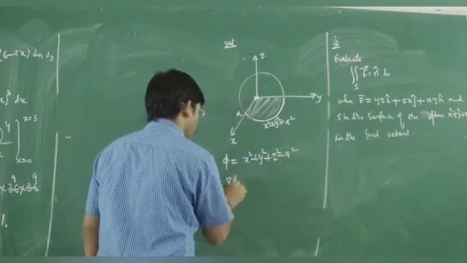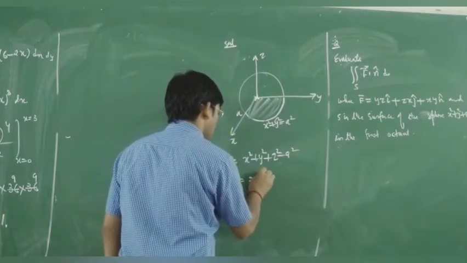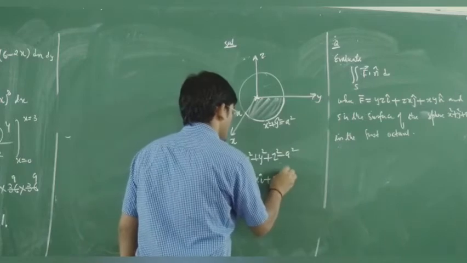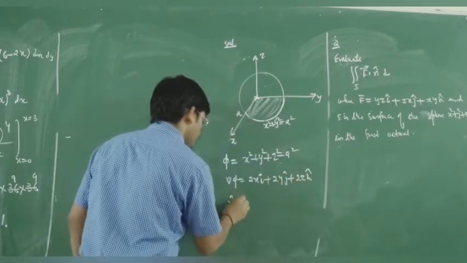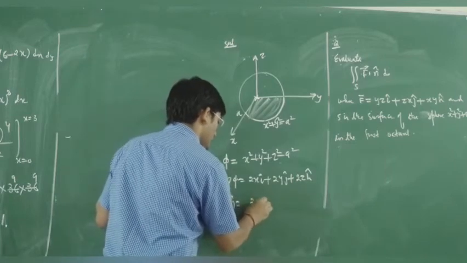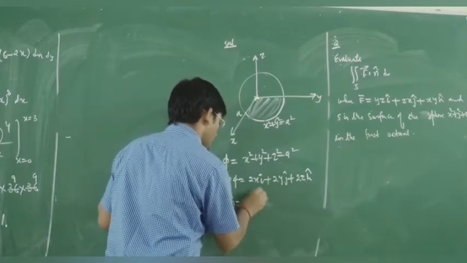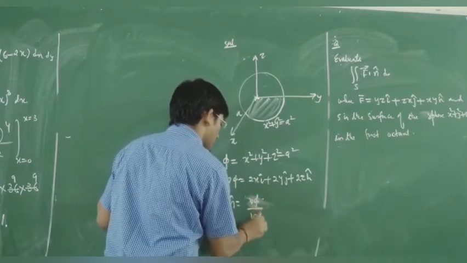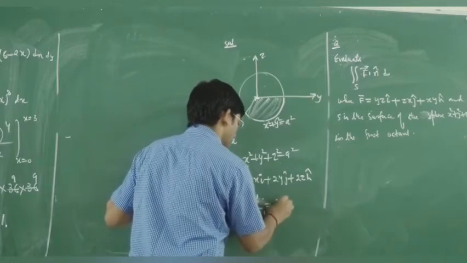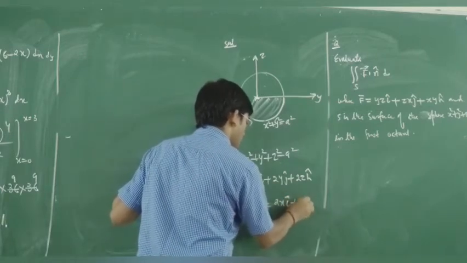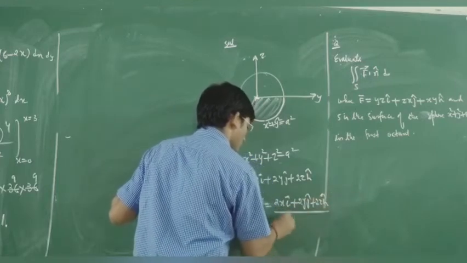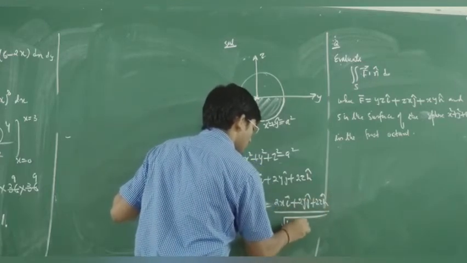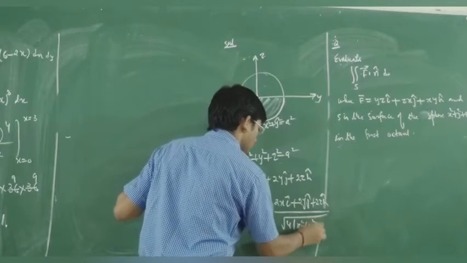Grad phi is 2x i plus 2y j plus 2z k. Your n cap will be equal to grad phi upon modulus of grad phi. So this is equal to 2x i plus 2y j plus 2z k upon 2 times the root of x square plus y square plus z square.